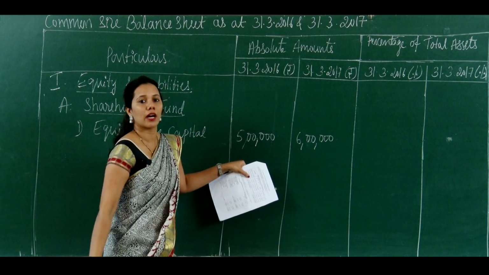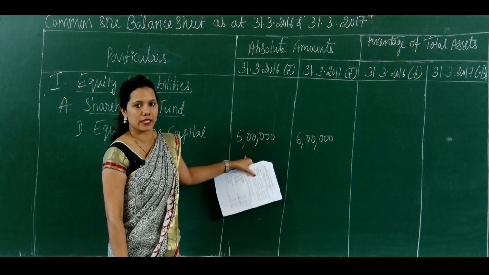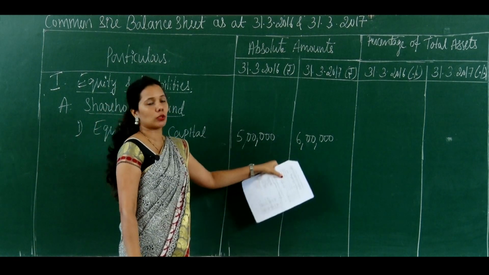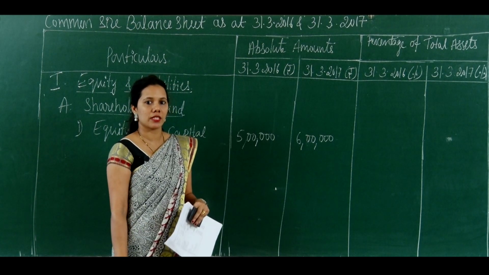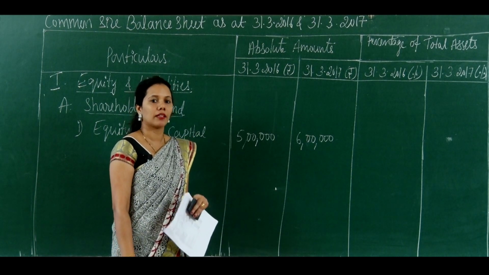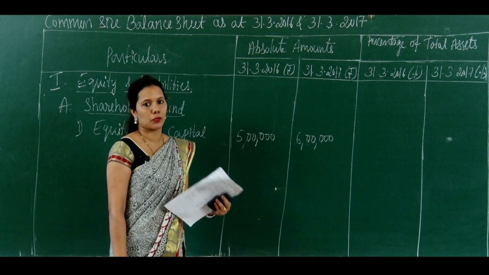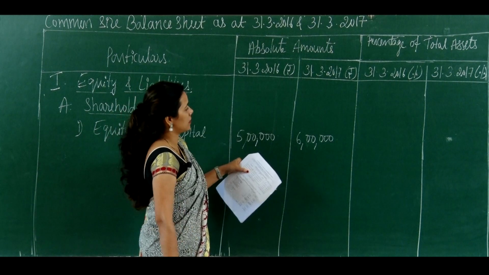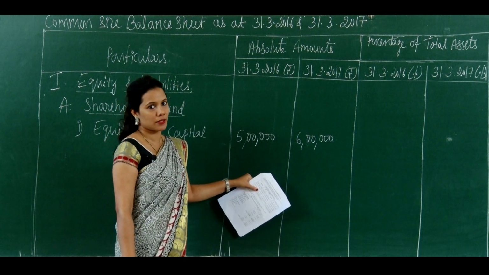Right now we cannot convert into percentage because we do not know our total assets for 2016 and 2017. So, either you can calculate total liabilities first, then we can convert, otherwise we have to work out till we get total assets, then we can start converting. So, first we fill these two columns, since we do not know total assets.